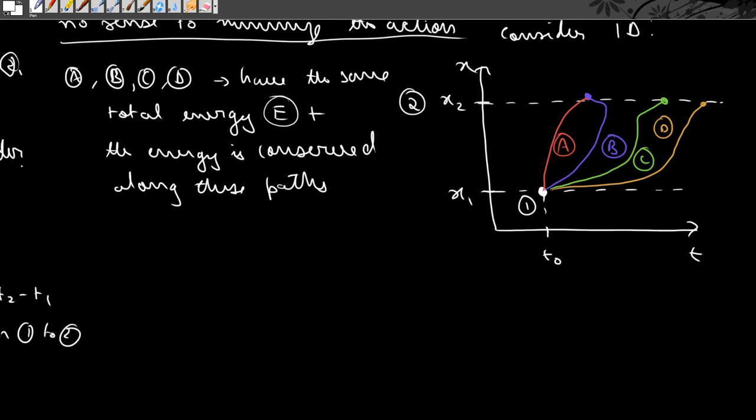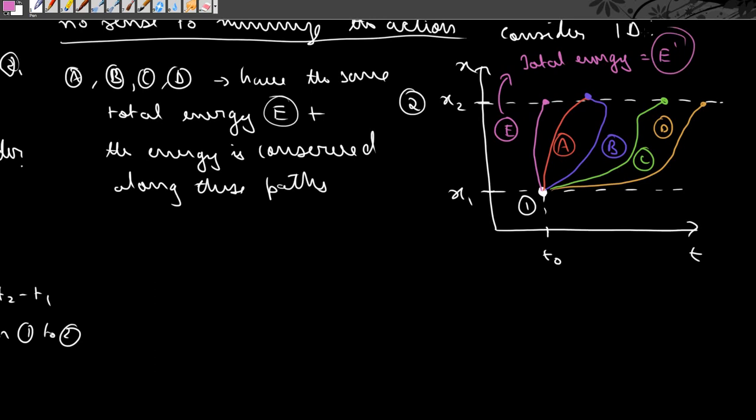So if I take some other path, let us say path E, let me use a different color. Let's say this is path E, where the total energy is some E dash, then it makes no sense to compare E with A, B, C and D, because this is not a possible path, because the system now has a totally different energy.